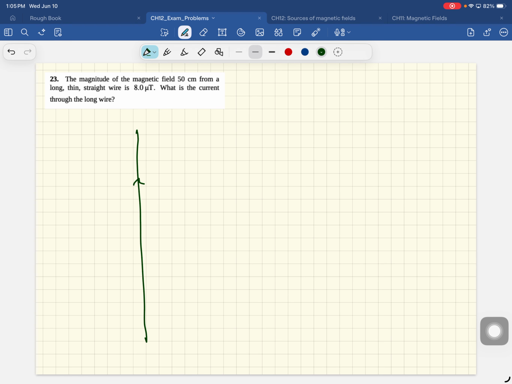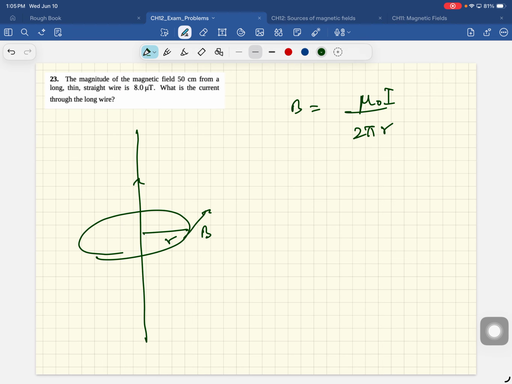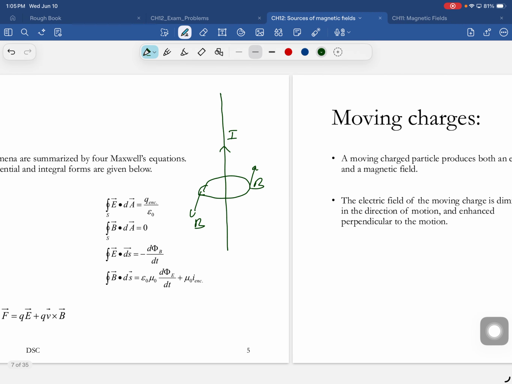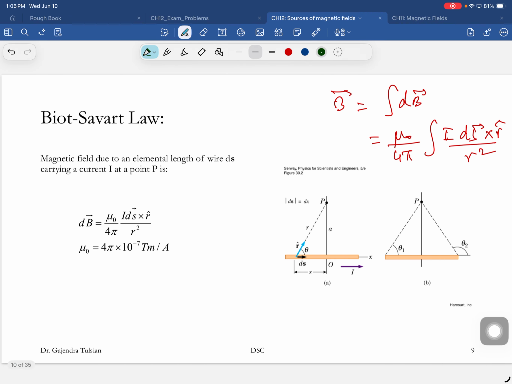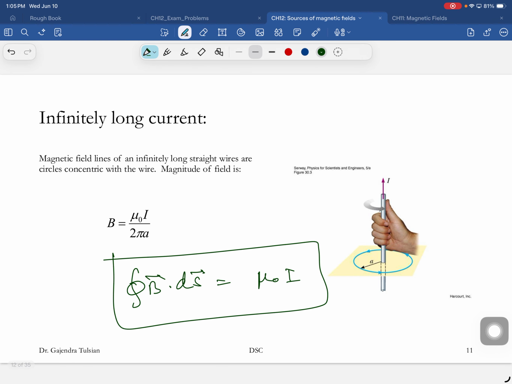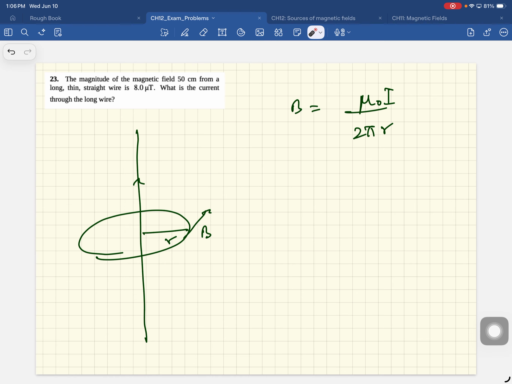Now I'll draw this as a side view. Here is the magnetic field produced by the wire. There's R. And here is the Earth's magnetic field. And this will be the net field. The field produced by the wire is, we just saw, mu naught I by 2 pi r.